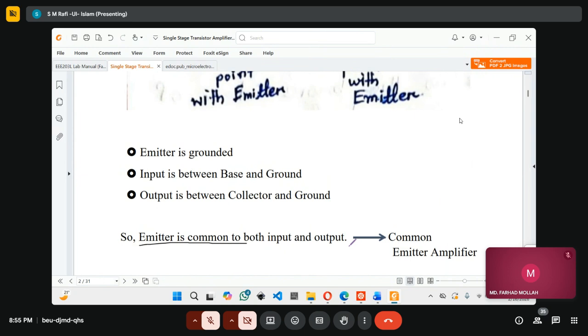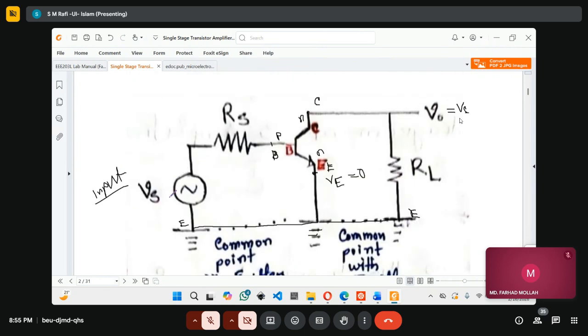That's why this is called the common emitter configuration, or amplifier configuration. Later on, we'll discuss how we can control the output of such a configuration by changing the voltage, or some resistance, or the current passing through this transistor, so that we can obtain the desired output on the output side.